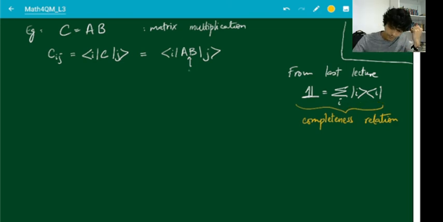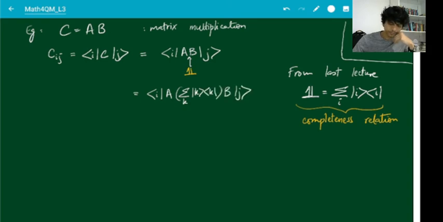So I'm going to introduce an identity in the middle of A and B over here. So it will become ⟨i|A, summation. Now I cannot put i or j because those are already there in the equation. I'm going to put summation over k, if you don't mind. So |k⟩⟨k|B|j⟩.